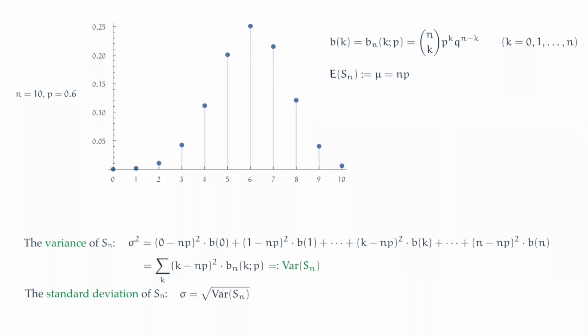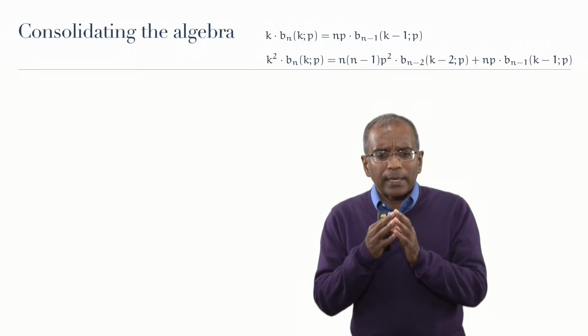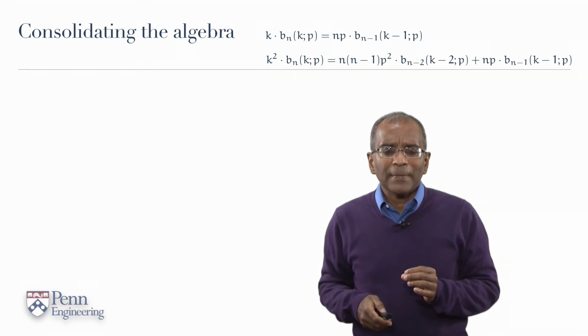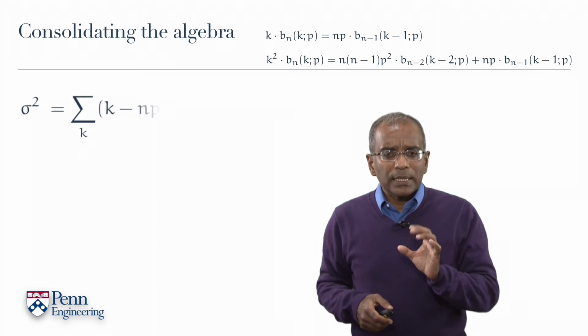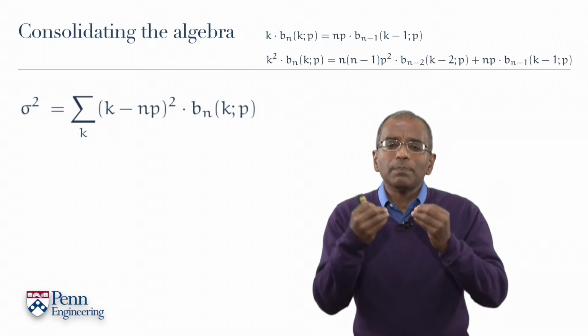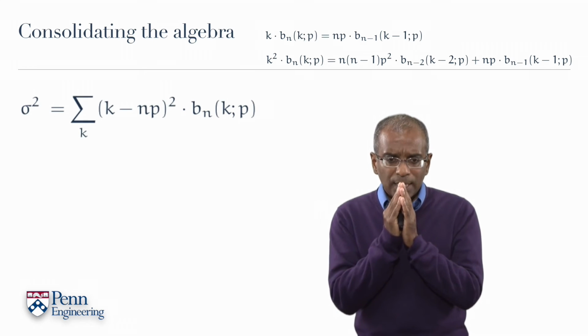To compute the variance, keep in mind that we have to look at a sum of squared distances, squared deviations from the mean value, from the expectation. To do this, let's go back and take a look at a generic term in the sum. Sigma squared is a sum of k minus np the whole squared weighted by the binomial probabilities.